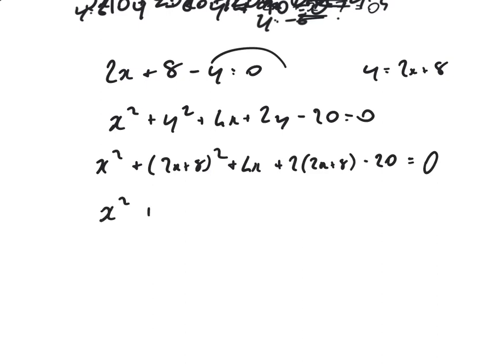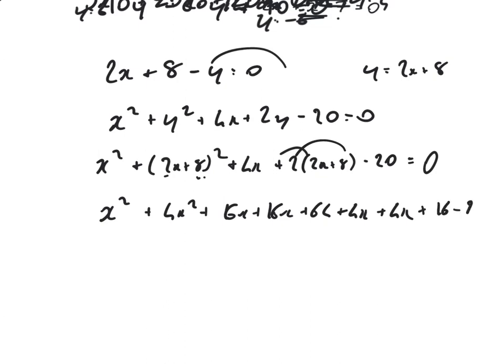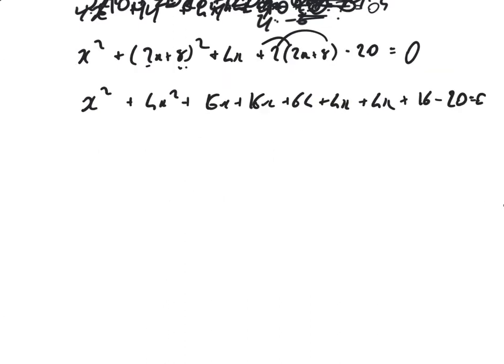It will be x squared plus 4x squared plus 16x plus 16x again plus 64 plus 4x plus 4x plus 16 minus 20 is equal to 0.